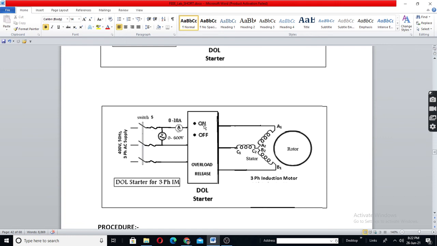Suppose a high voltage comes and the motor starts by itself because the supply switch is closed. Then the motor may get damaged. So you can come and check whether the voltage is okay. If the voltage is okay, then you can press the on button. That is the advantage of DOL starter or any starter.